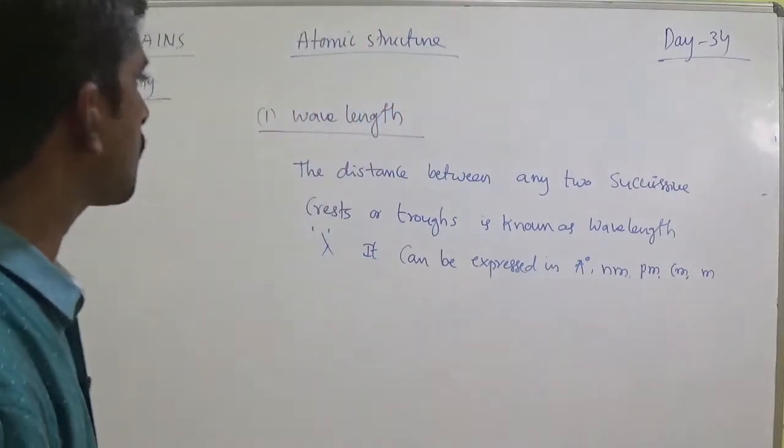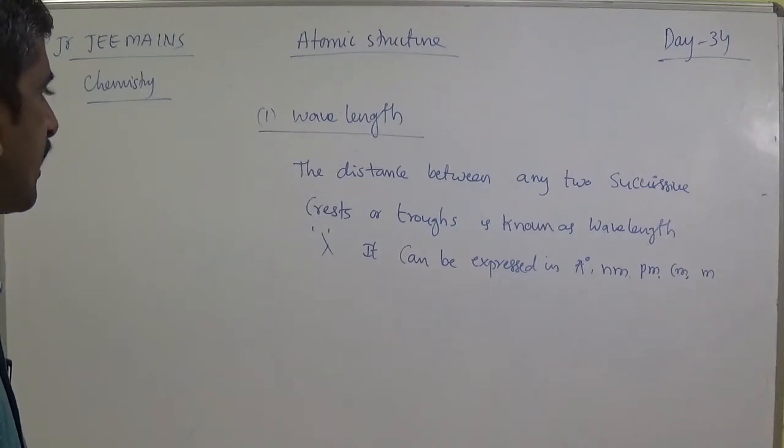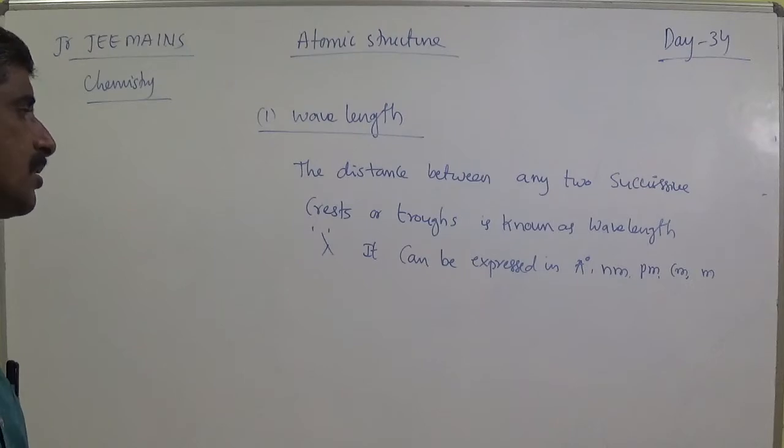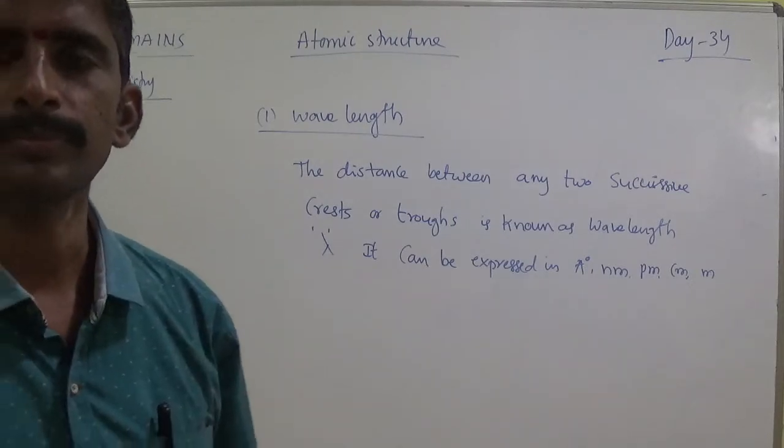The distance between any two successive crests or troughs is known as wavelength. It can be expressed in angstrom units, nanometers, picometers, centimeters or meters.